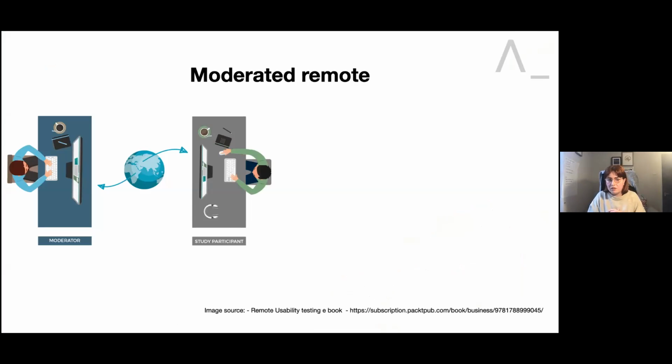Another really great methodology for usability testing, and one that has become incredibly popular in the environment that we've been in for the majority of 2020, is moderated remote. And again, the image used here, I think, sums that up quite nicely, in that you have the study participant in one location interacting with the interface or the product or service, and then you have the moderator in a different location, but still fulfilling that role of facilitator and moderator.